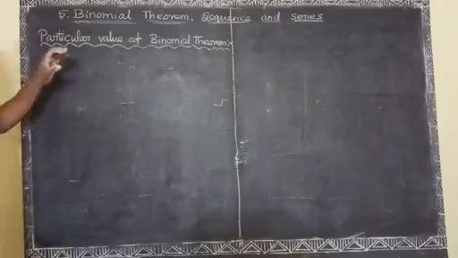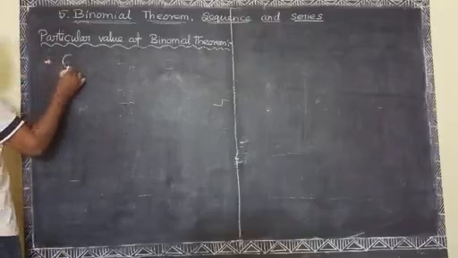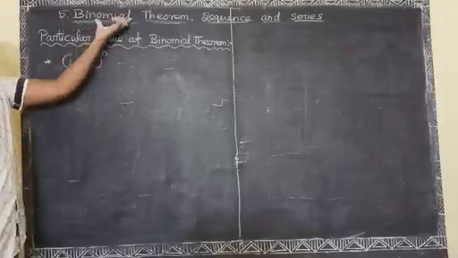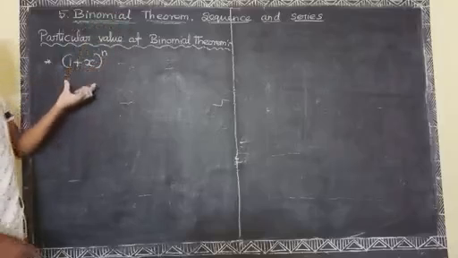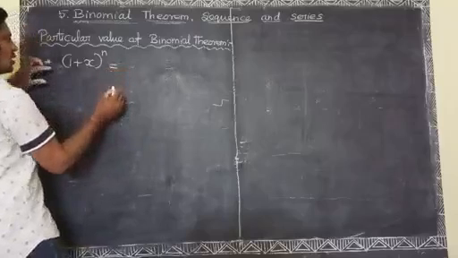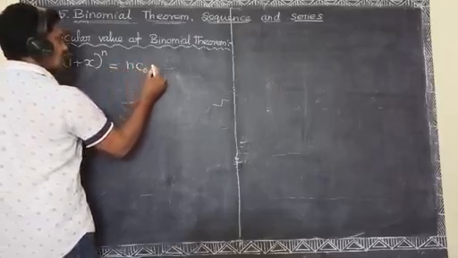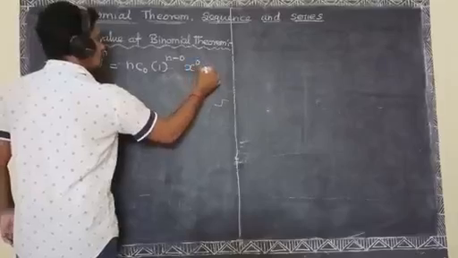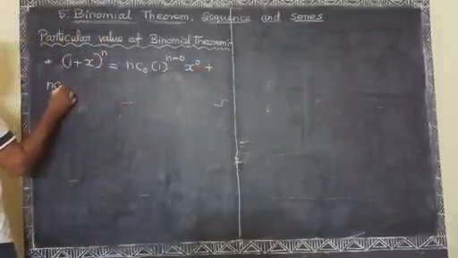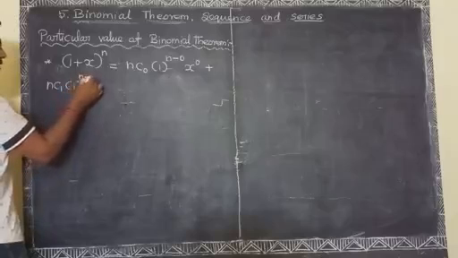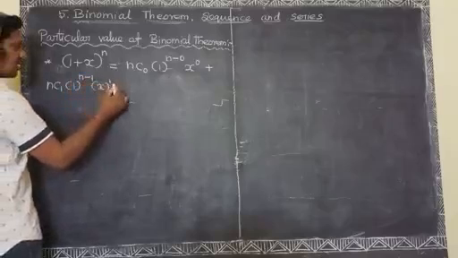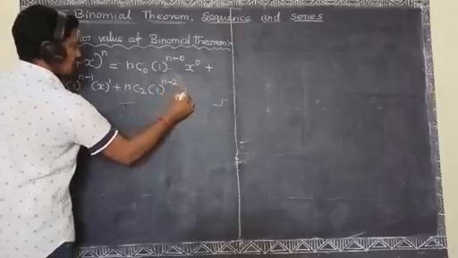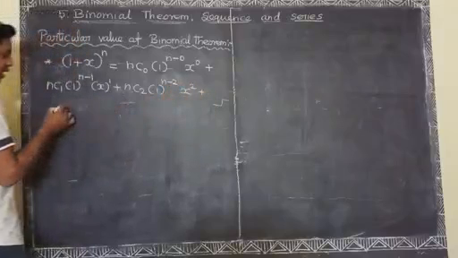Here we take 1 plus x the whole power n. By the principle of the binomial theorem, expanding 1 plus x the whole power n is equal to nc naught 1 power n minus 0 x power 0, plus nc1 1 power n minus 1 x power 1, plus nc2 1 power n minus 2 x power 2, plus and so on.